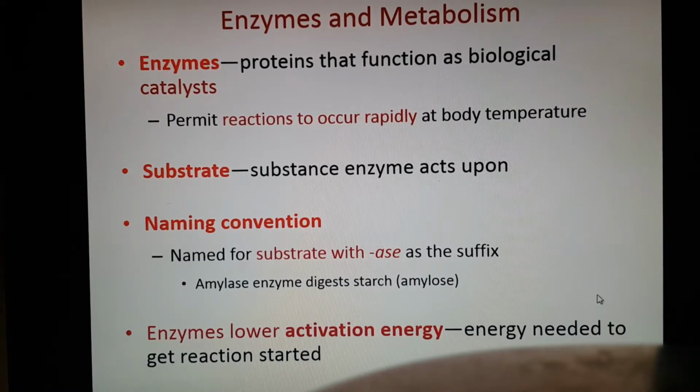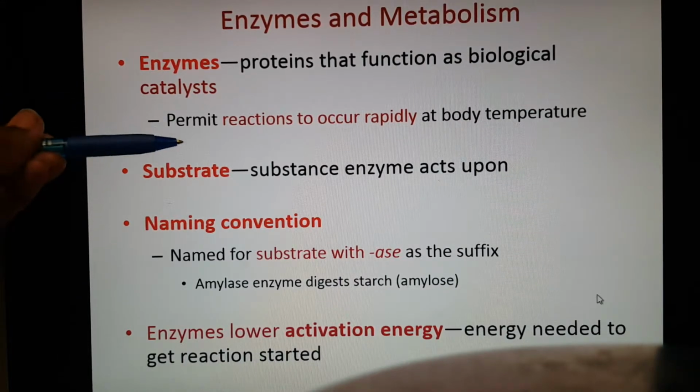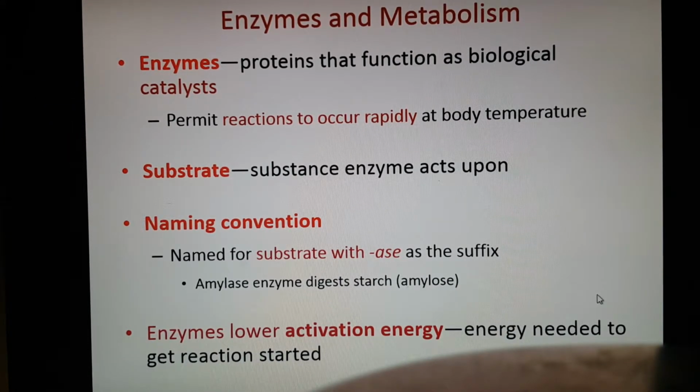With proteins, their job of being a catalyst: one category of catalyst is enzymes, and they help your reactions occur very rapidly at body temperature, so you don't need to increase the body's temperature to make a chemical reaction go faster.